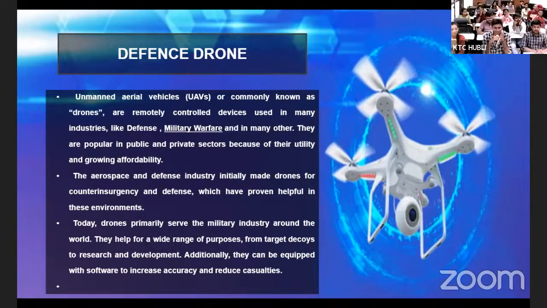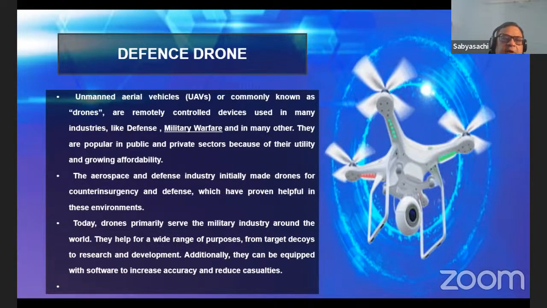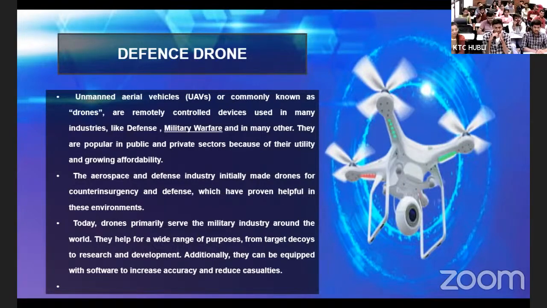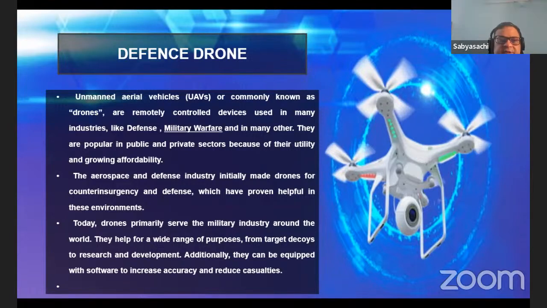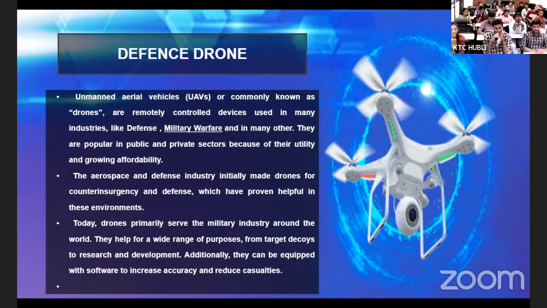I just want to understand how you will reduce the casualties. Okay, think through it. Maybe next session you can tell me. Sure.